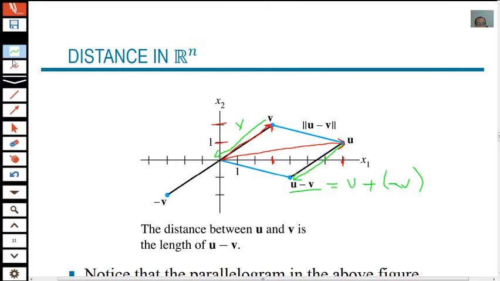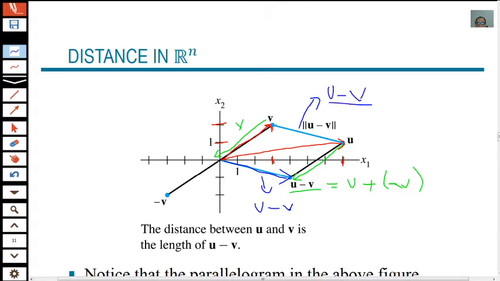This is u minus v. Or by moving this vector to here, this is also u minus v.